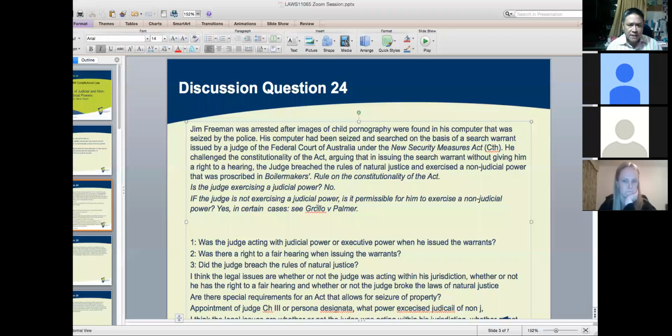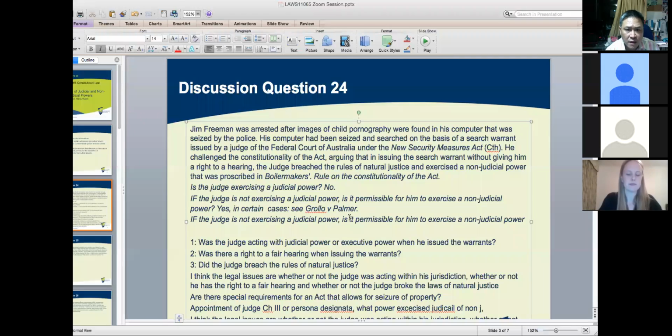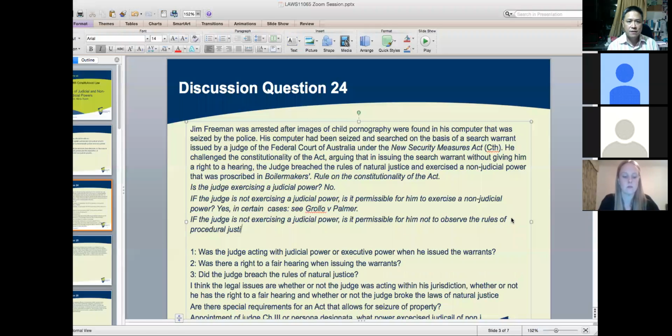Now, if the judge is not exercising a judicial power, we've clarified that. Is it permissible for him not to observe the rules of procedural justice? So that will have to be the other question.